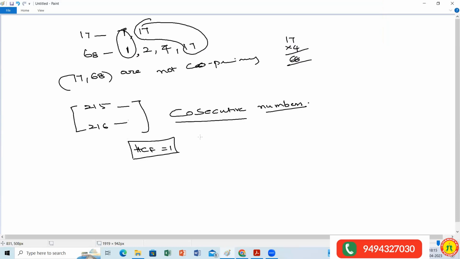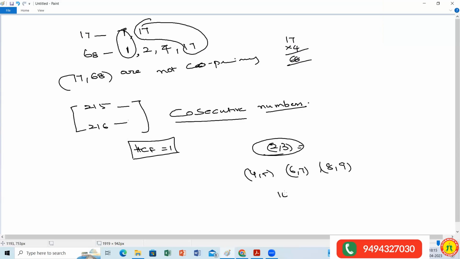HCF is 1. Always, not only these numbers, beta, if you see anywhere, 2 and 3 are consecutive. HCF of these is 1. So these are co-primes. Always consecutive numbers are co-primes: 4 and 5, 6 and 7, 8 and 9.